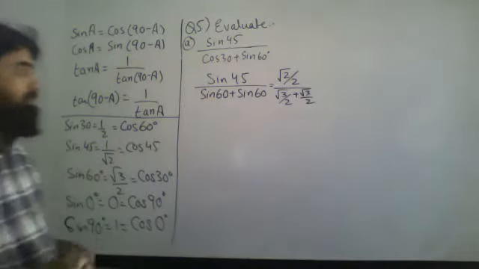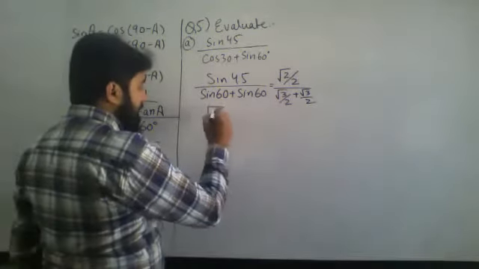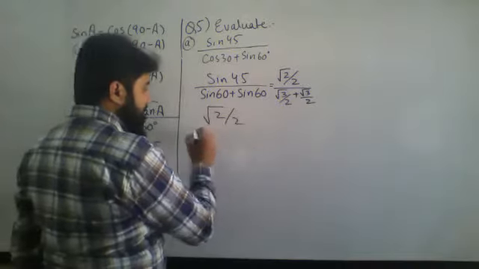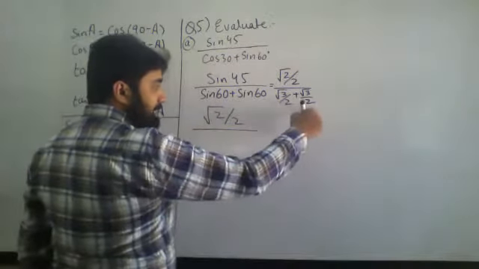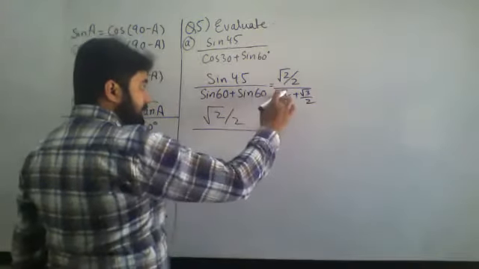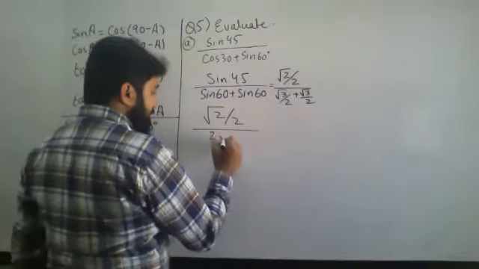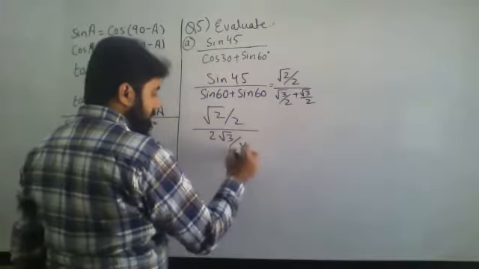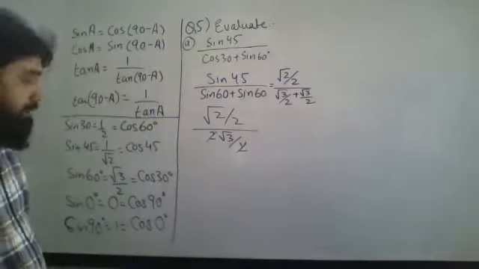Okay, so when I simplify it further, under root 2 over 2, bases are the same, denominators are the same, so numerators will be added. Under root 3 plus under root 3 will become 2 under root 3 over 2. 2 and 2 will be cancelled.